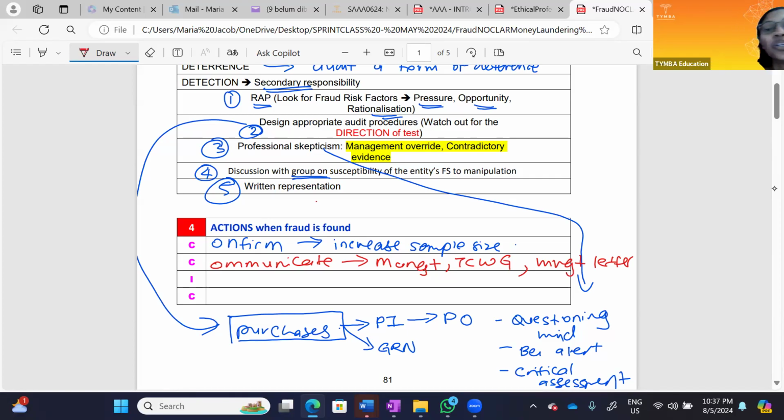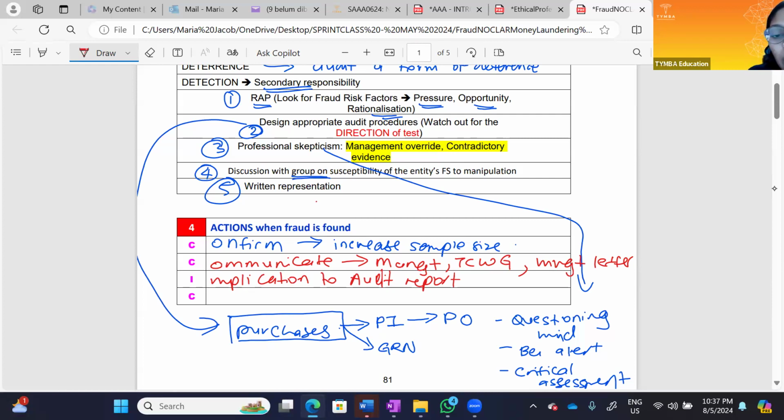So when you communicate to management, those charged with governance, and in the management letter, you then want to consider what the implication is to the audit report. Because there is a fraud, you want to consider whether there is a need to modify the audit report. Is there any need to provide an adverse audit report?